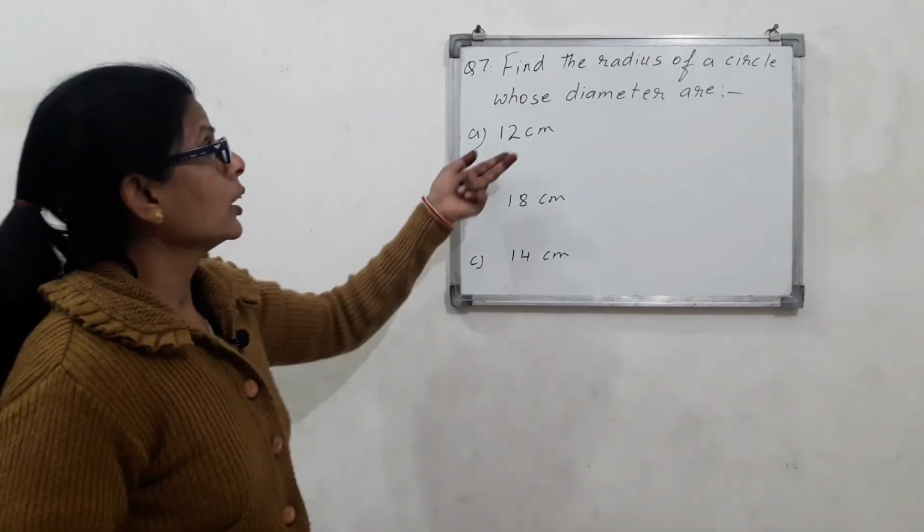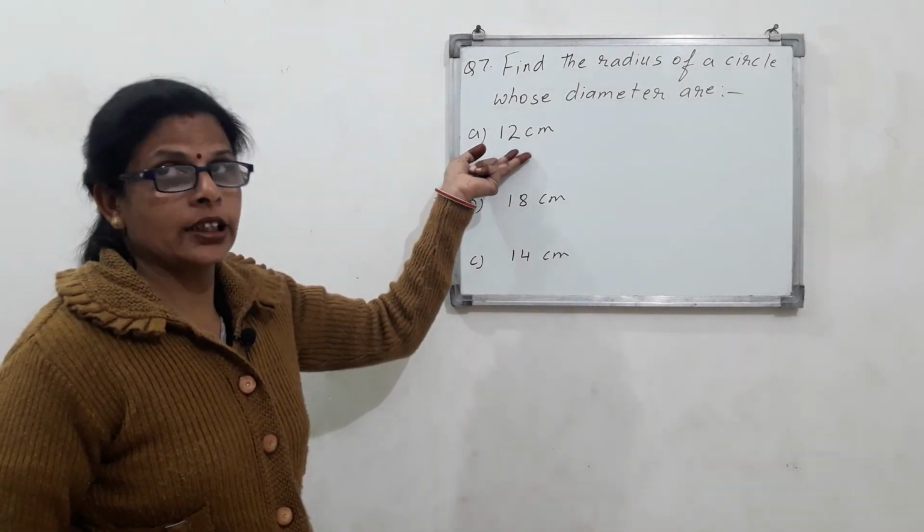Here you have to find the radius and the diameter is given.